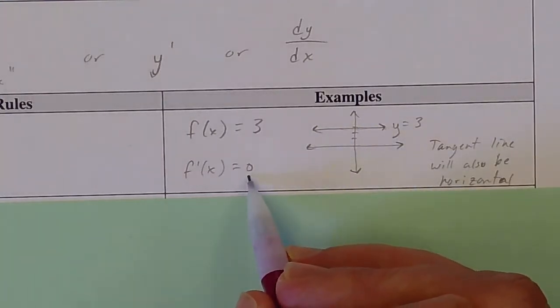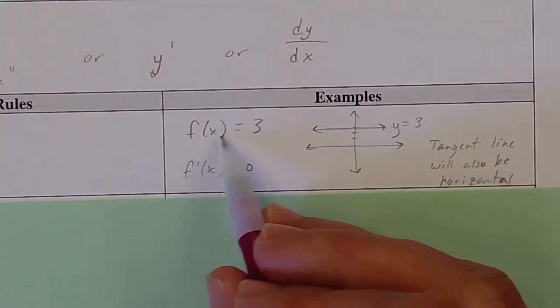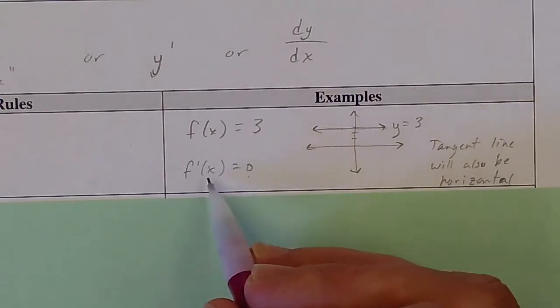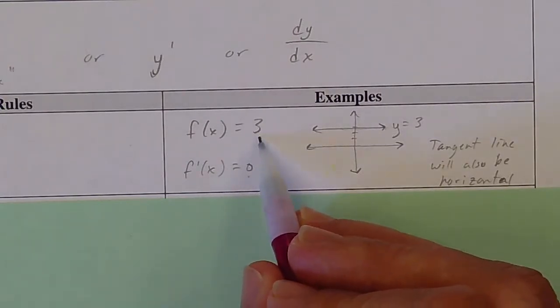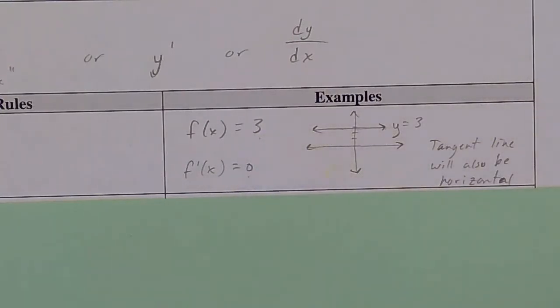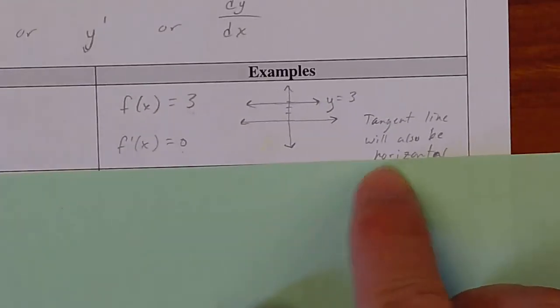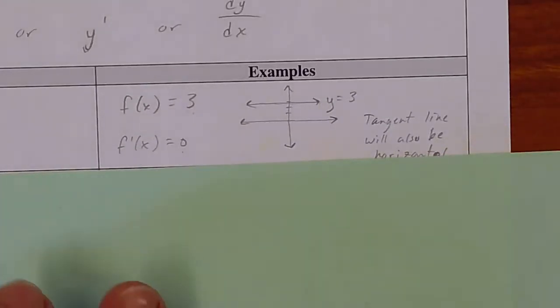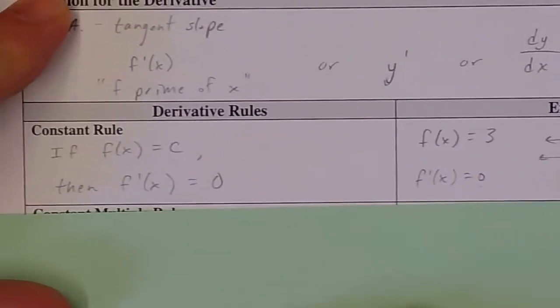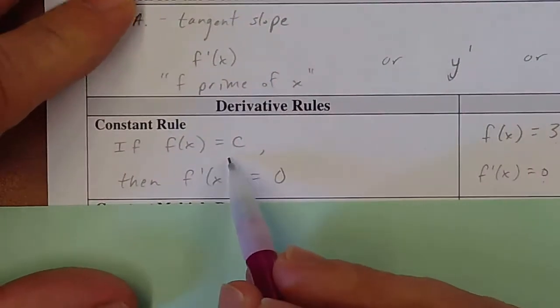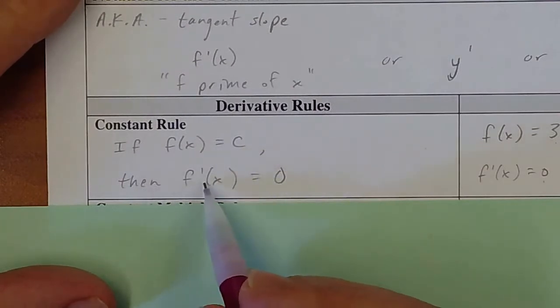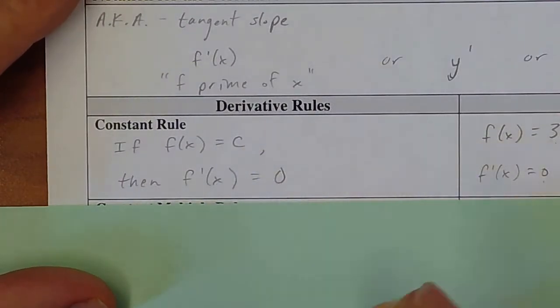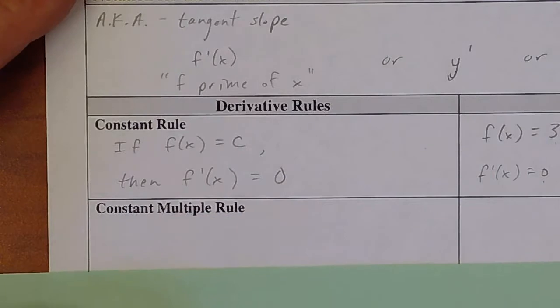It's 0. So if we have f of x equals 3, the derivative of that will always be 0, no matter what constant this number is. The tangent line will also be horizontal. So the rule is this: if f of x equals c, some constant, then the derivative of this will always be 0.